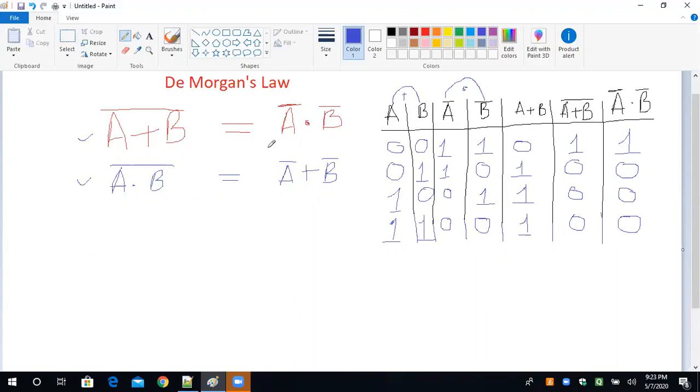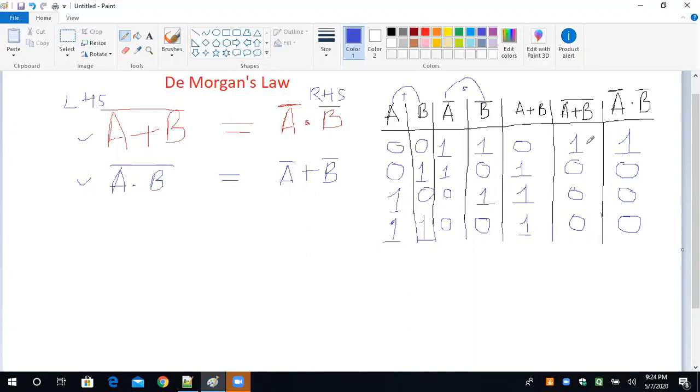Now the most important thing you have to observe: how these things are proved. When the values of the LHS are equal to the RHS. So this is basically the LHS, and this is the RHS.